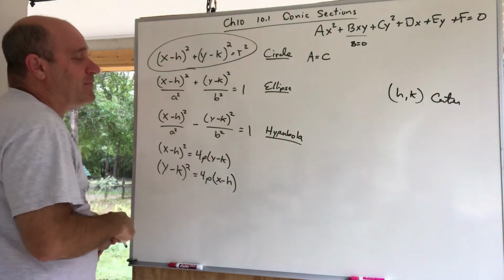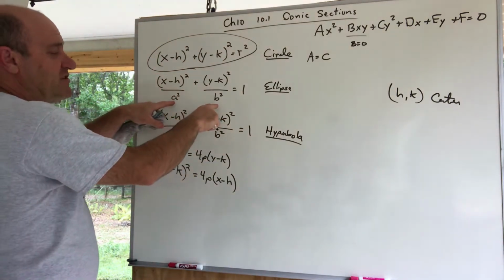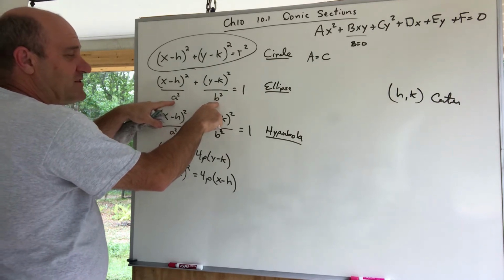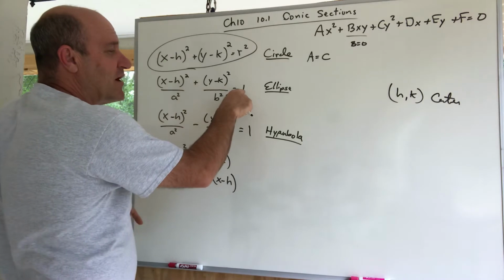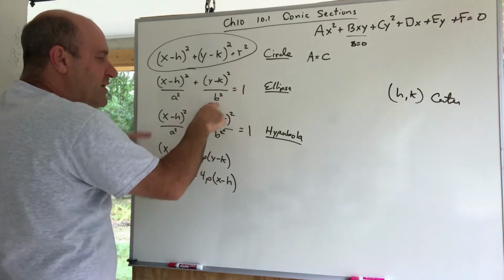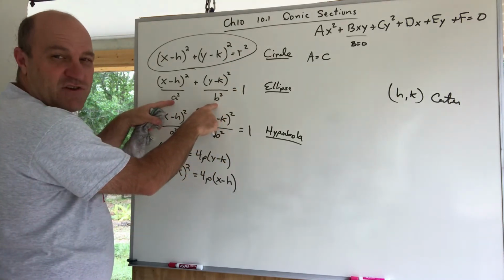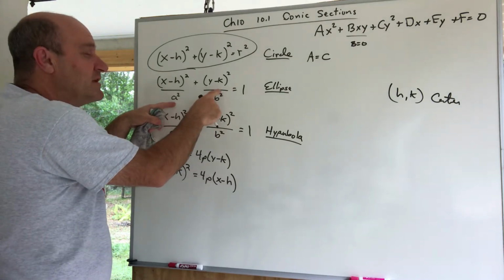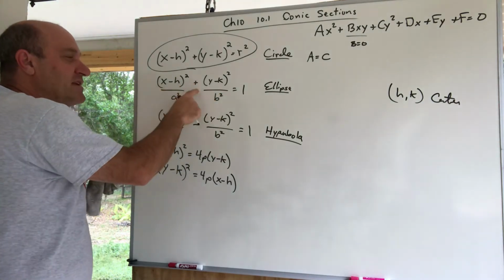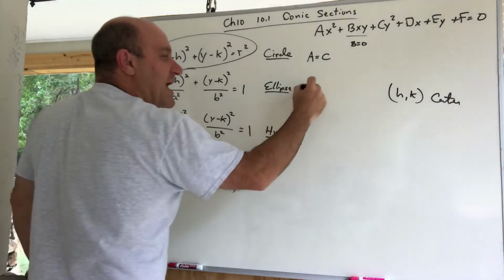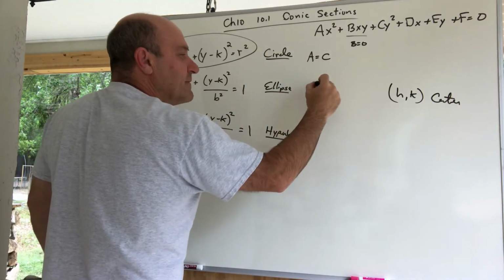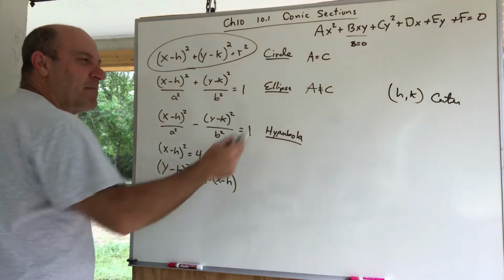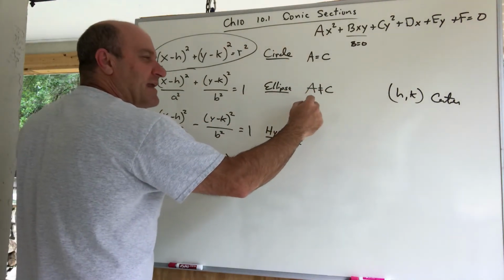If these two numbers, a squared and b squared, were the same, it's a circle. When these numbers are different, that's what makes it an ellipse. So when they're both positive, but they're different, so a does not equal c, that makes it an ellipse. But they are both the same sign.